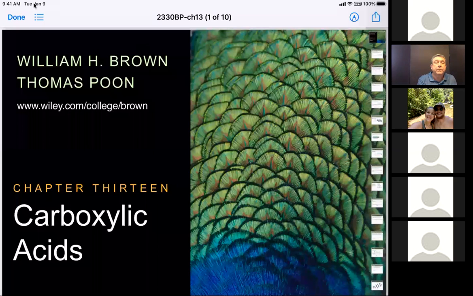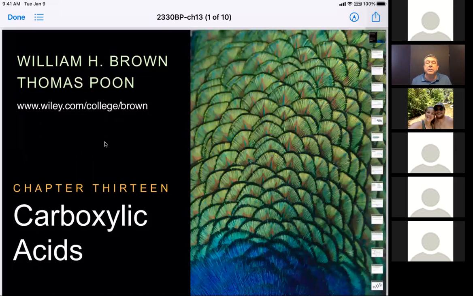Now, carboxylic acids are a little different than the aldehydes and ketones because instead of having a bond to a carbon or a hydrogen, a carboxylic acid has a second bond, technically a third bond, to an oxygen.